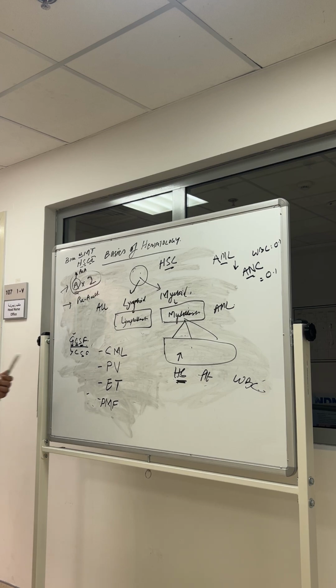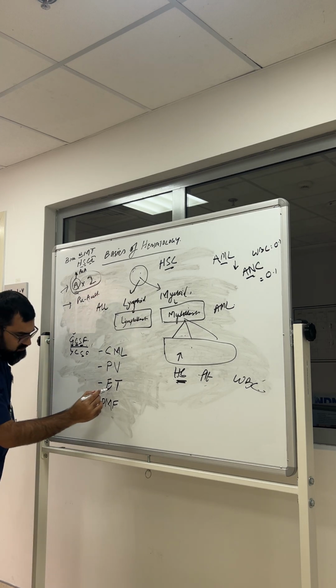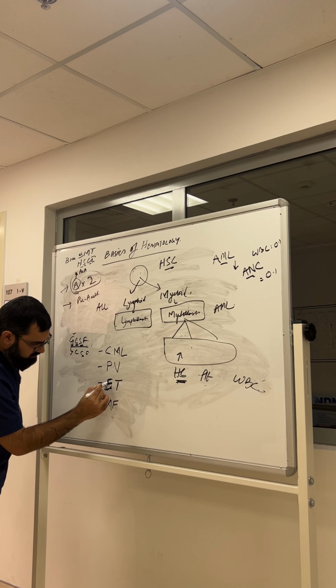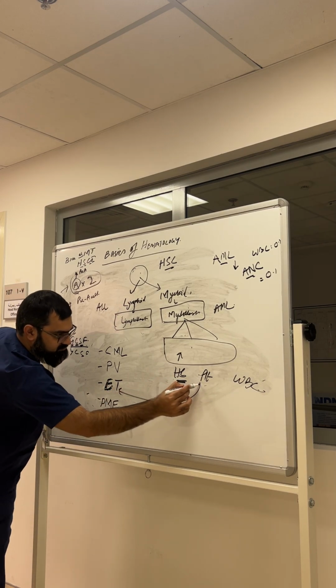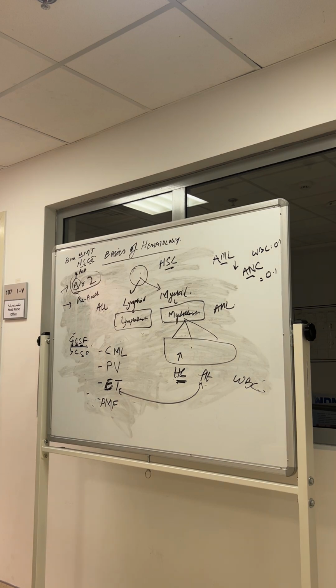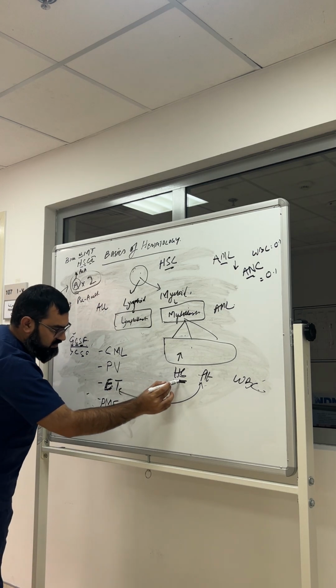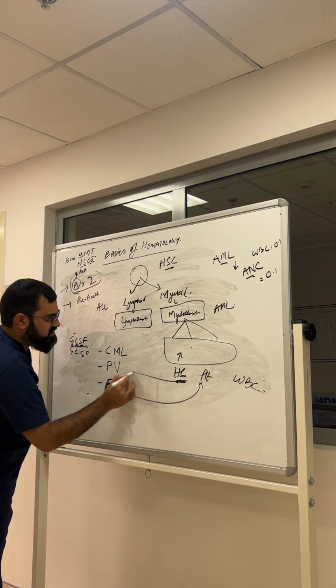ET? Okay. Essential thrombocythemia is for platelets. This you have to just keep in mind: essential thrombocythemia with platelets, hemoglobin with polycythemia vera.